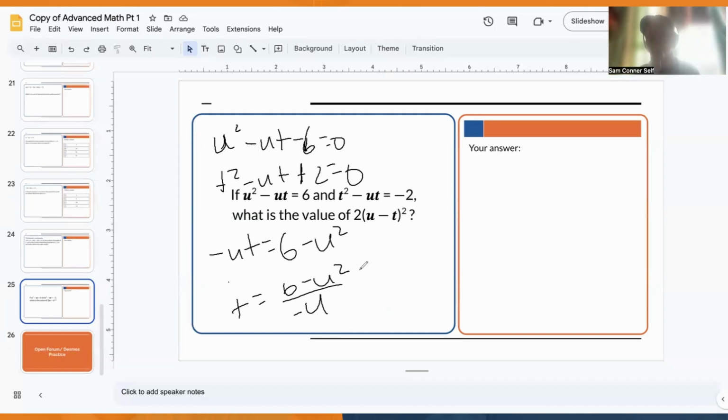Once I have this for the value of t, even though it isn't a constant or numerical value, let's see what happens if we plug this in for t, or I'll try to isolate u in this second equation too. So it'll be negative ut is equal to negative 2 minus t squared.